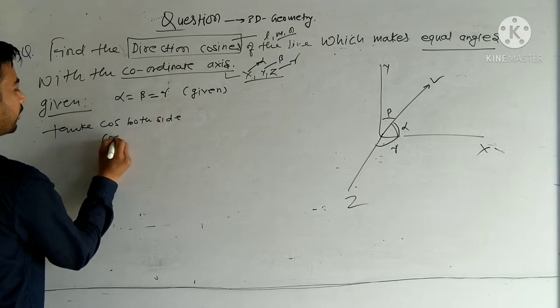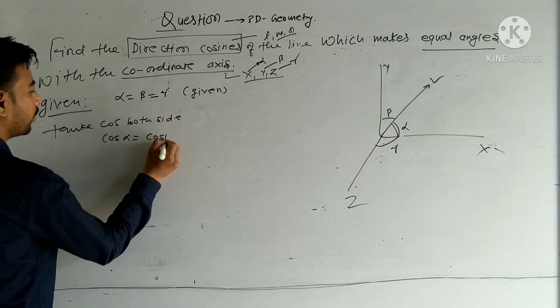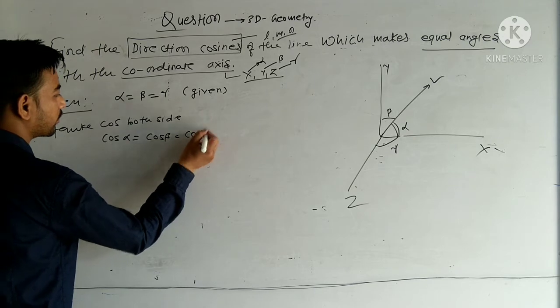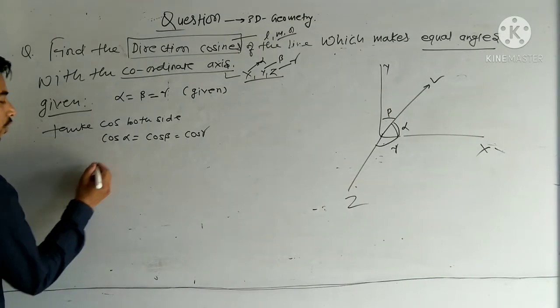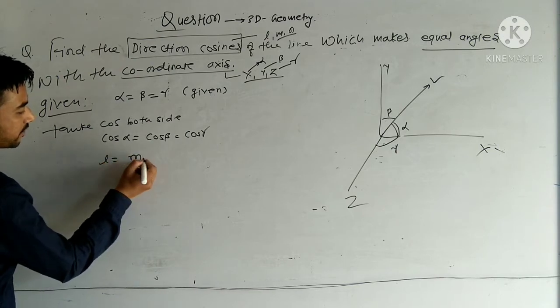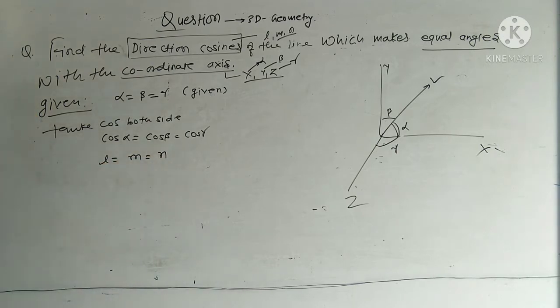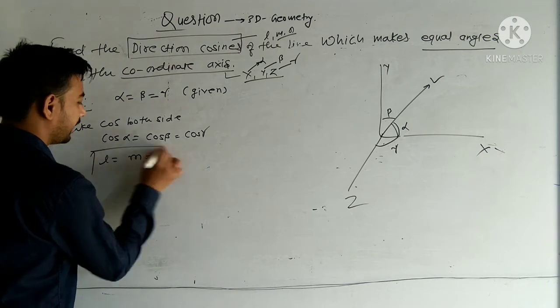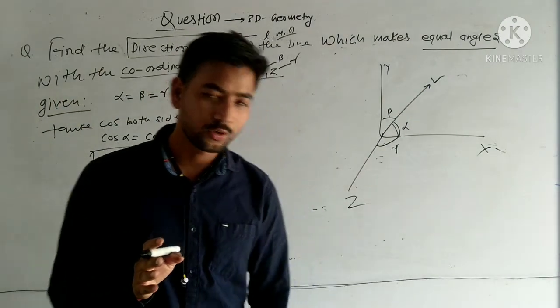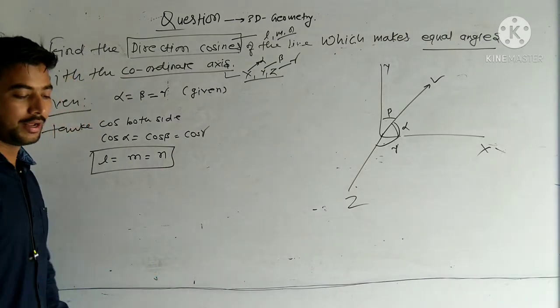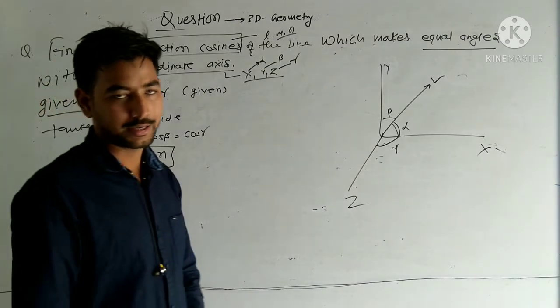What we can write? Cos alpha equal to cos beta equal to cos gamma. And we know that direction cosines: cos alpha equal to L, this one is M, this one is N. So here it is clear that all three direction cosines are same. I don't know the value yet, we will find it, but the direction cosines are same.